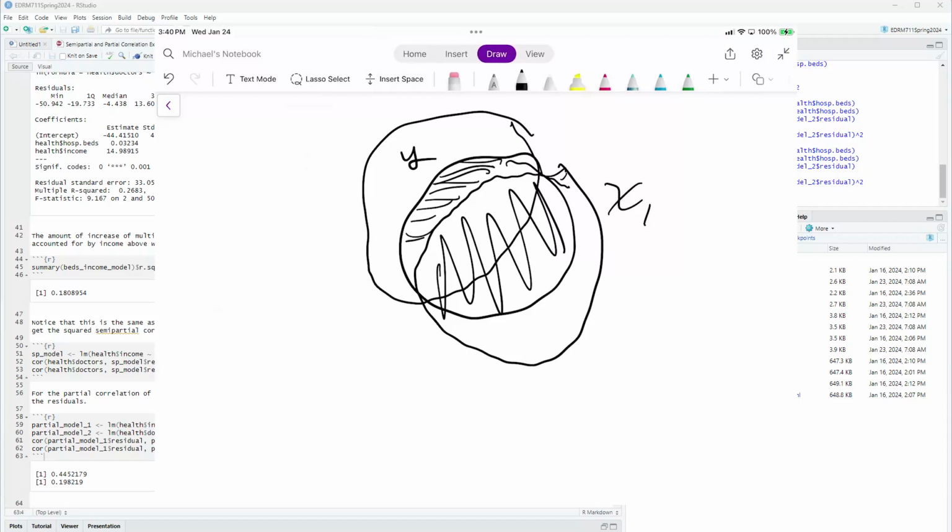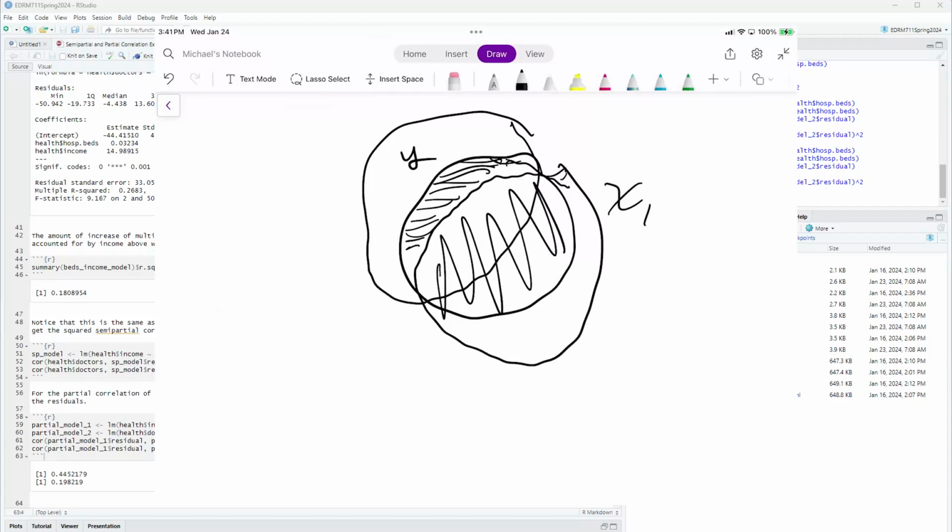Well, the semi-partial is not going to be very big because there's not that much left to explain. And remember, the semi-partial is how much of the total variation of y you explain after accounting for the other variables. So the semi-partial is not going to be very big, but the partial correlation is going to be 1 because you're explaining everything that's remaining.